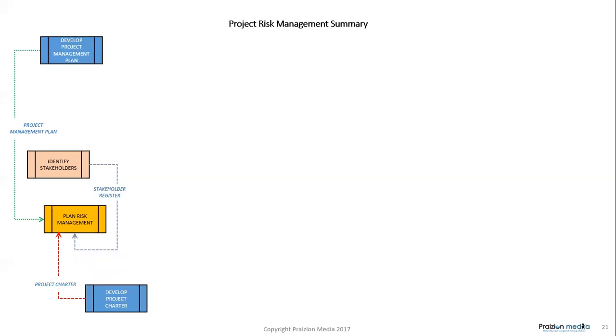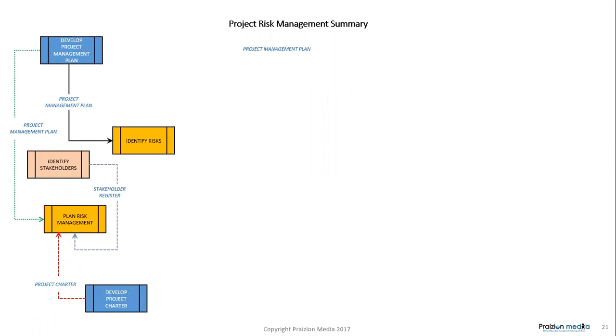Now, you already have noticed, I'm sure, that the project management plan is ubiquitous. You see it everywhere, going almost everywhere except two processes. It does not go into where it came from. So we don't see it going back in here, and we don't see it going back into develop project charter, but everywhere else, you're guaranteed to see a project management plan as an input.